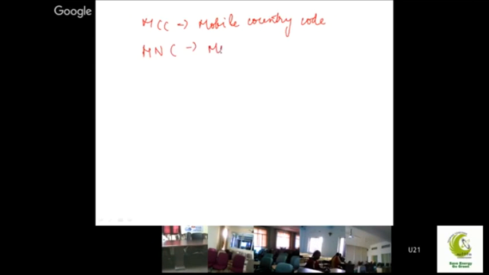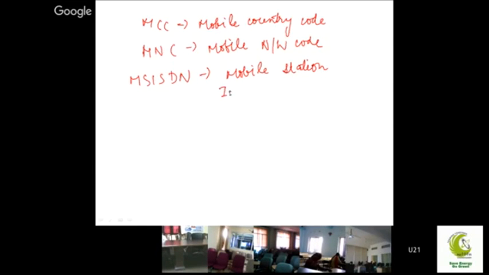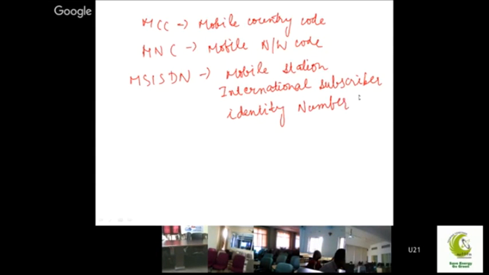MNC is the mobile network code, and the last one, MSISDN, is the mobile station international subscriber identity number. And this is basically our mobile phone number.